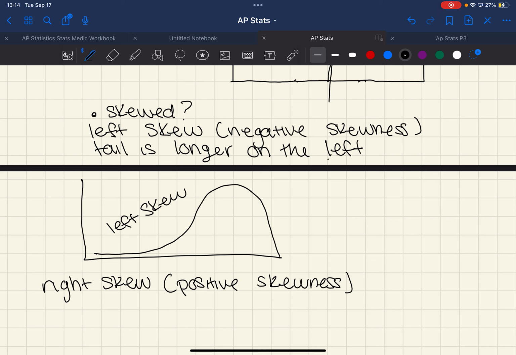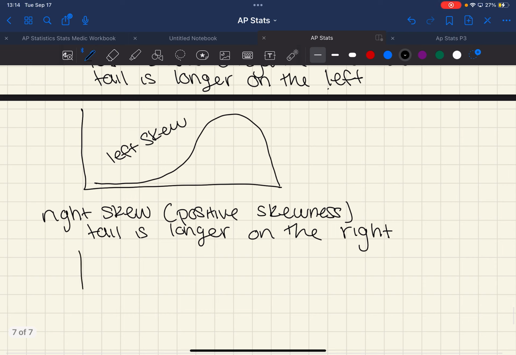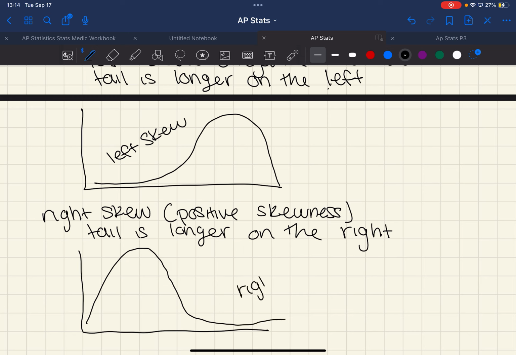This is where the tail is longer on the right. So it's going to look opposite of this graph. We have the majority of our data on the left, and then as we go to the right, we have the tail. So this is right skew.